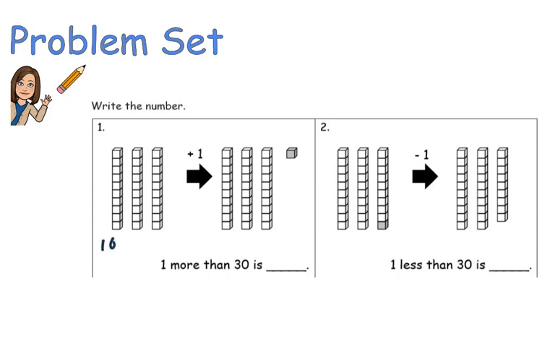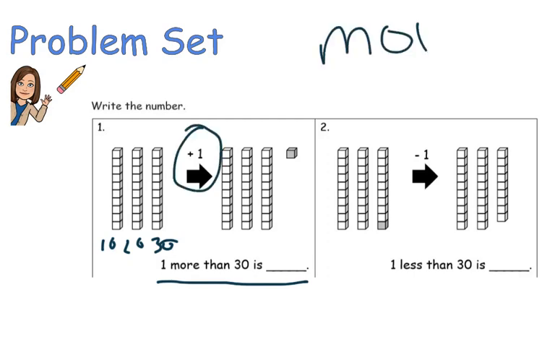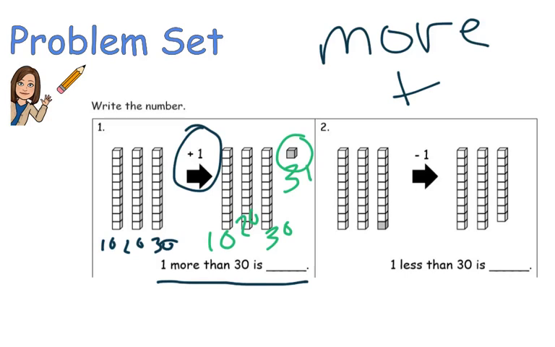Alrighty. So we have the first one. We have 10, 20, 30. It says 1 more than 30 is blank. Okay, so we need 1 more. More means that we're adding. So they have added 1 more. So now I'm going to count again. 10, 20, 30, 31.